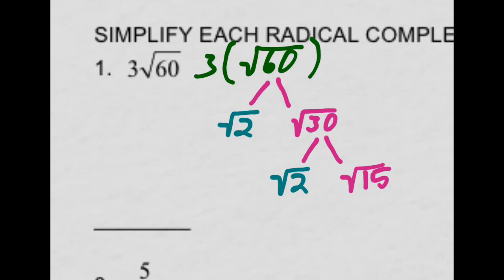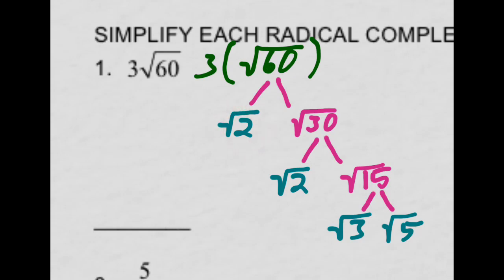And I can even factor the square root of 15 down. And it factors into 2 dead ends, the square root of 3 and the square root of 5, meaning the square root of 5 times the square root of 3 is 15.